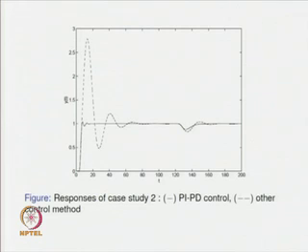Okay. The responses show that the design method and the advanced Smith predictor controller proposed by Maggi et al. are far superior to the other Smith predictor controllers as far as controlling an unstable second order plus dead time process is concerned.